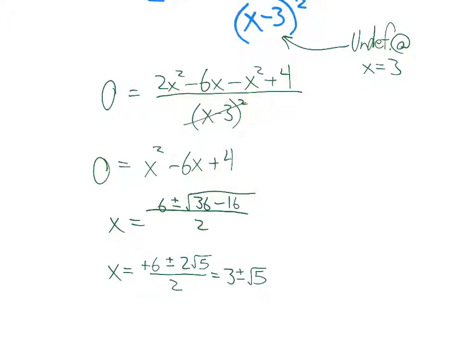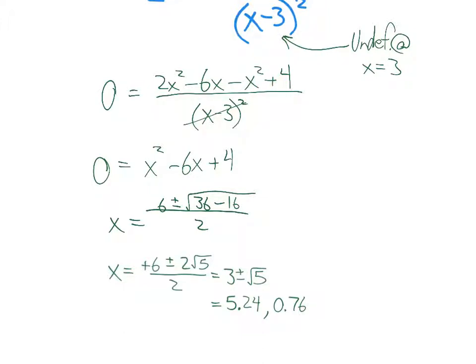Okay? Now, radical 5 is about 2.24. So 3 plus 2.24 is 5.24. 3 minus 2.24 is going to be 0.76. Okay?